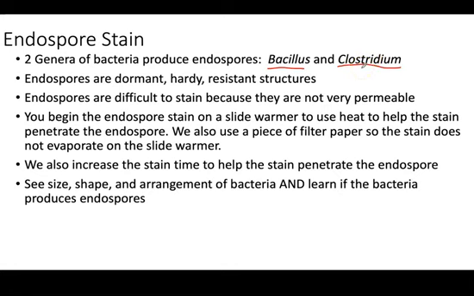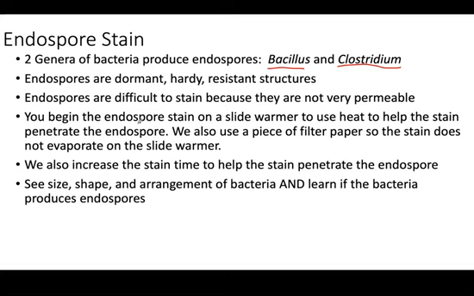So knowing if there's an endospore producing bacterium present could be helpful in identifying these two disease-causing genera. So endospores, by definition, are very resistant to things, and so they are also hard to stain, very similar to what we saw for the acid fast.